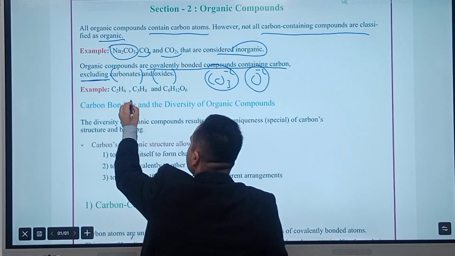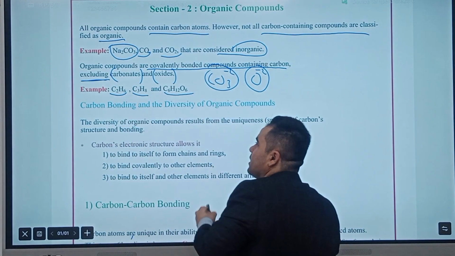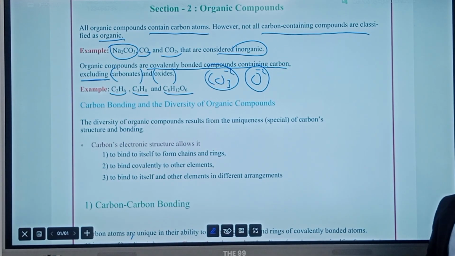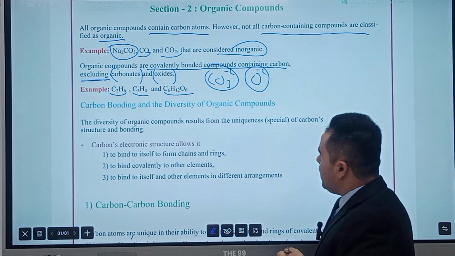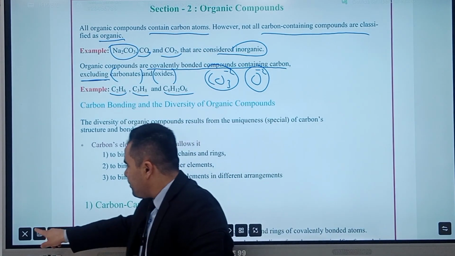Examples of organic compounds: C2H6, C3H8, C6H12 or C6H6, they are all organic. We will be naming the structures later and we will learn how to name those structures, guys.